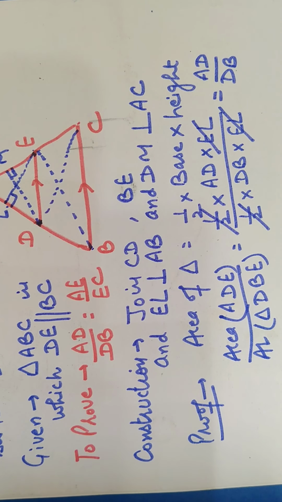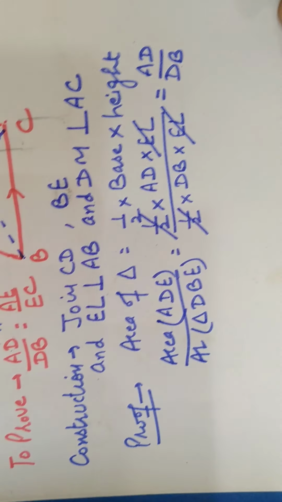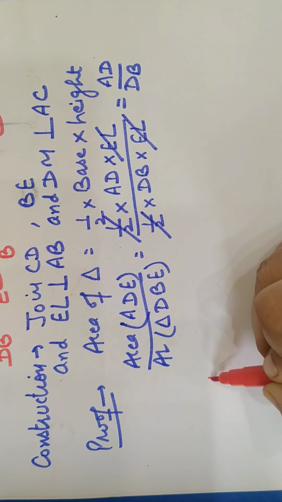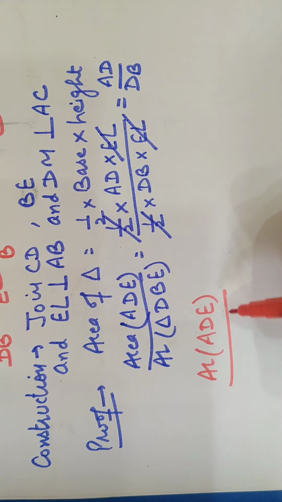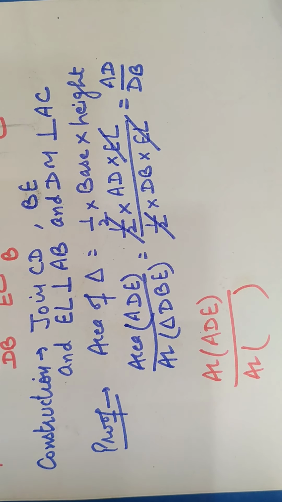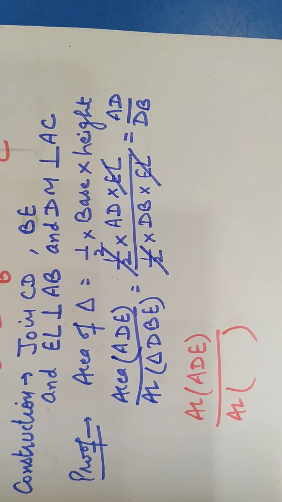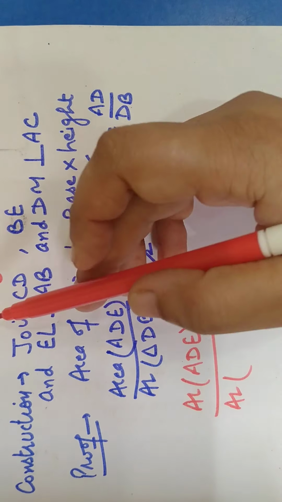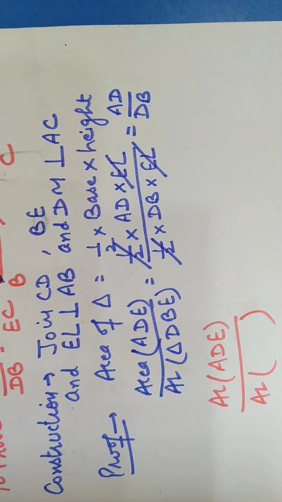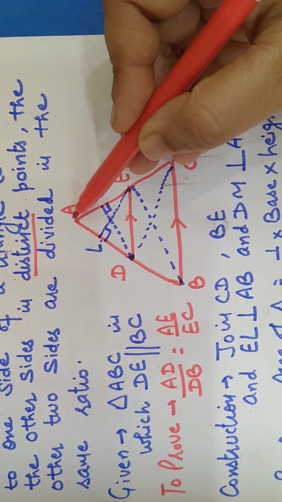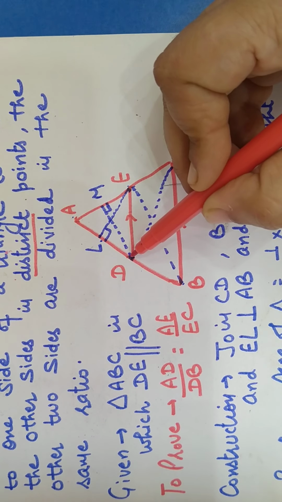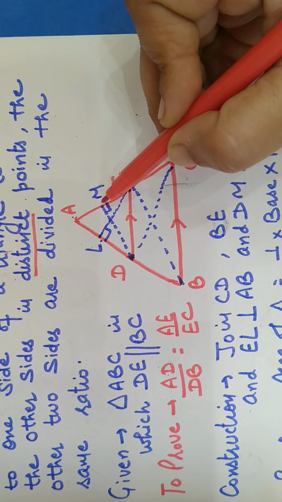In the same way, you have to take the other two triangles and divide them, but the numerator triangle will remain the same. Now area of triangle ADE upon the area of which triangle? How do you choose? You have to look at the second proof. In the second proof, we want AE upon EC. Now how can we get AE? If I want AE, it means my perpendicular is DM.